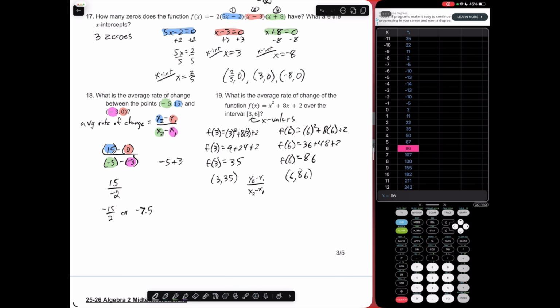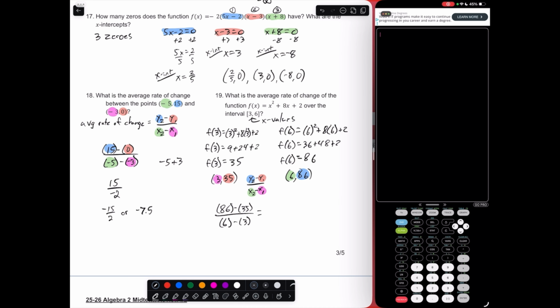All right, so y2 minus y1. Again, it doesn't really matter what you pick as your y2. I'll start with the one that's actually listed second. Your x2 has to go with y2, so coordinate those. And x1 has to go with y1, coordinate those. So y2, 86 minus 35 over 6 minus 3.